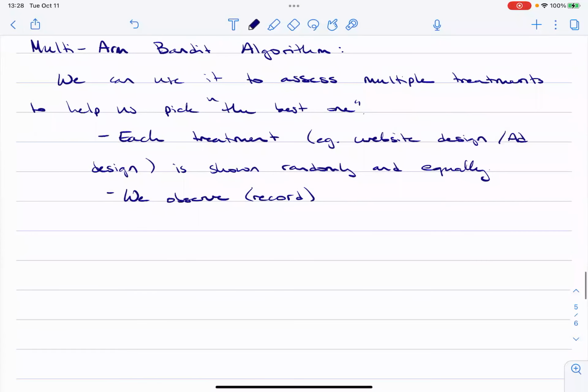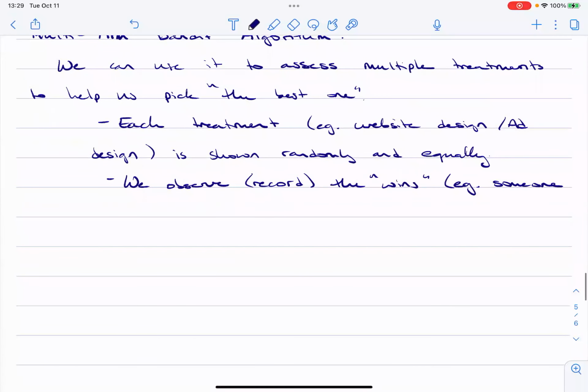We don't just watch it happen, we keep track of it. So we observe the wins, for example someone clicking on an ad, for each treatment.